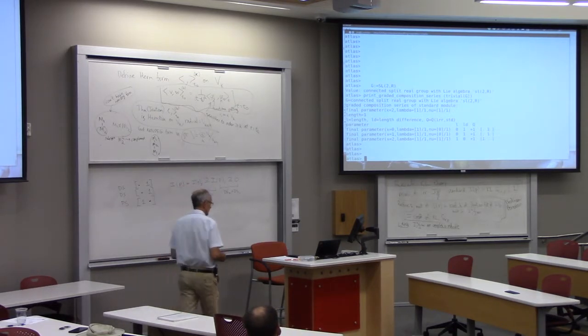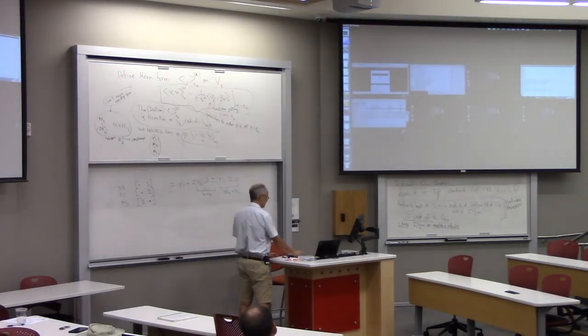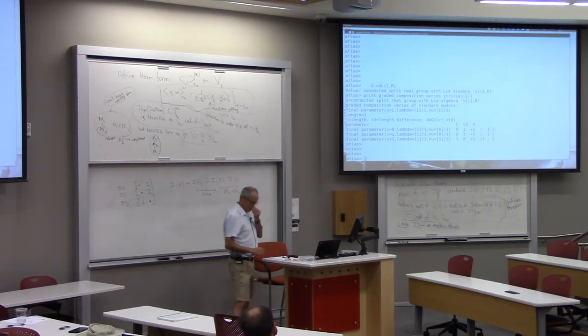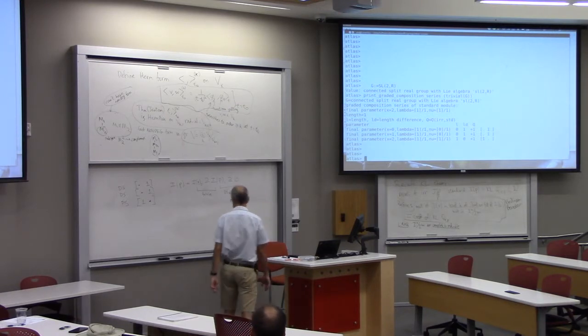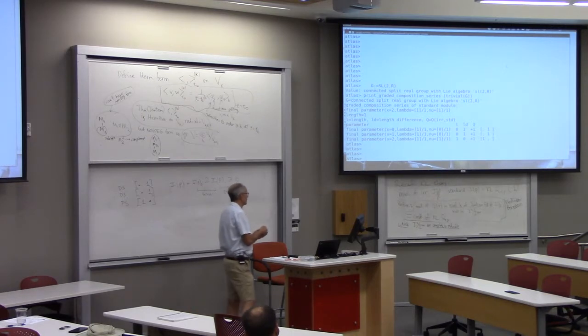And that table is derived from these columns. This last Q, that's the Kazhdan-Lusztig polynomial. In this case, they're constants, but if there were Q's, they would show up there.